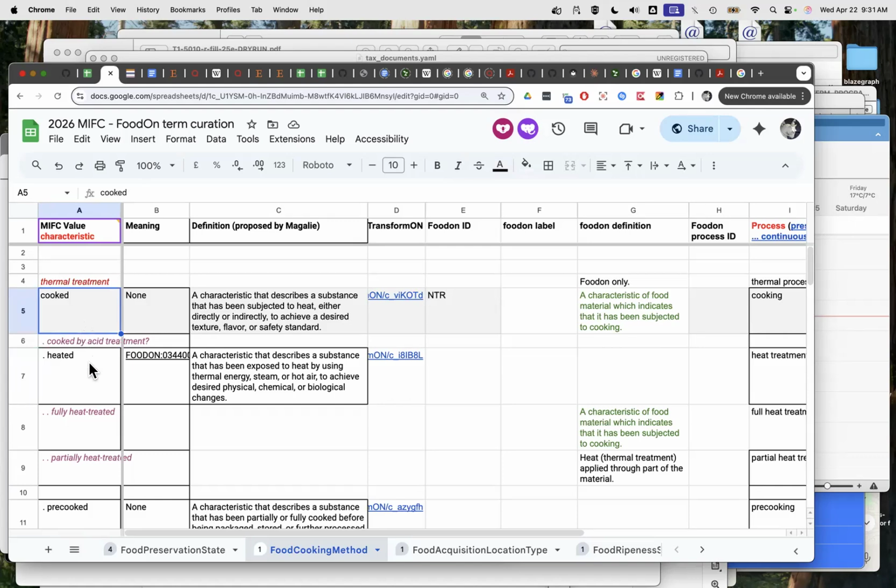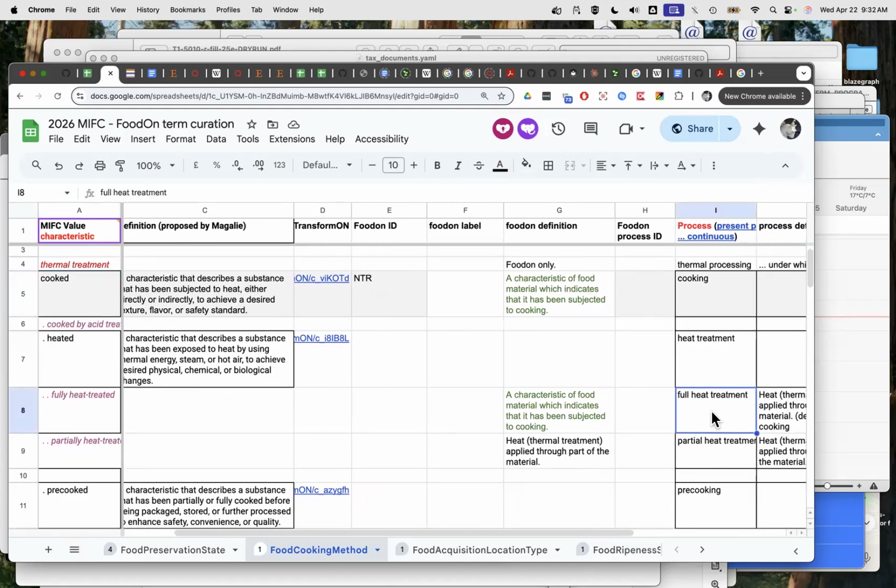So I see you're saying, well, what if we just move these up to fully cooked or partially cooked? And yet you also have fully heat treated and partially heat treated that can also apply to some kind of food. Right. So the reason I had accepted these in FoodOn rather than moving them up is precisely because of this crappy little counterexample.